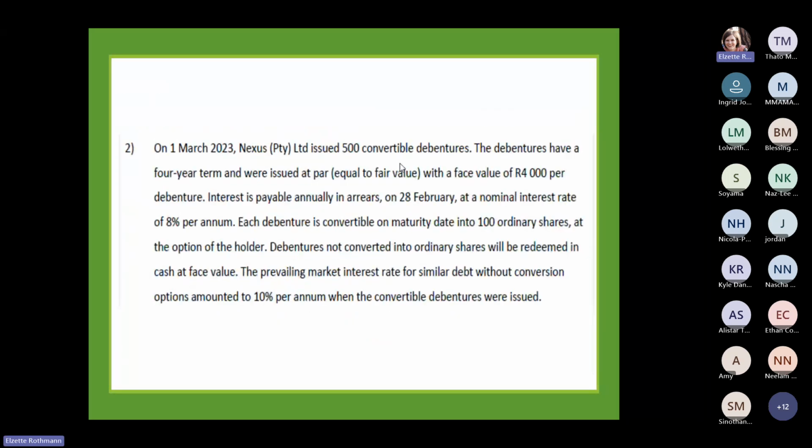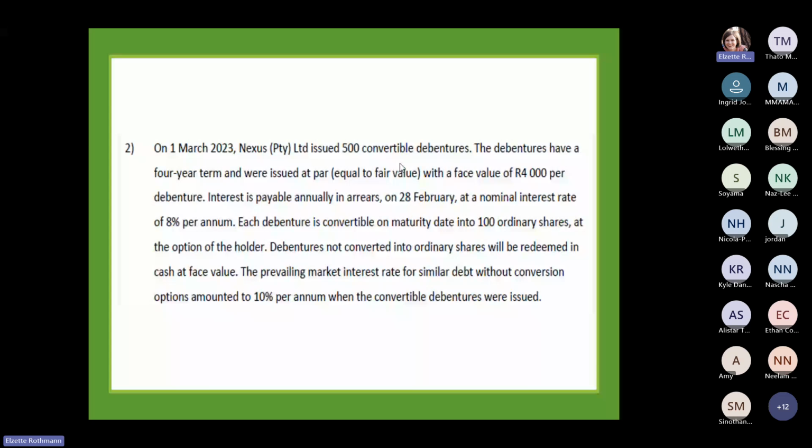At point 2, they tell us that on 1 March 2023, Nexus Pty Limited issued 500 convertible debentures. The debentures have a 4-year term and were issued at par, that is equal to fair value, with a face value of 4,000 Rand per debenture.